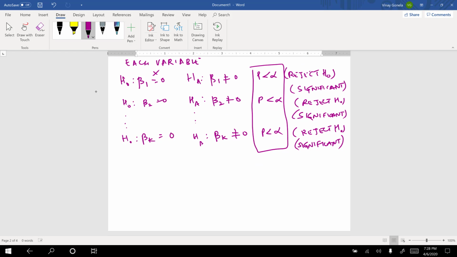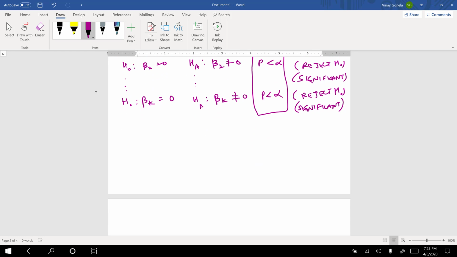In most of our simple linear regression and so on, we only deal with quantitative data.